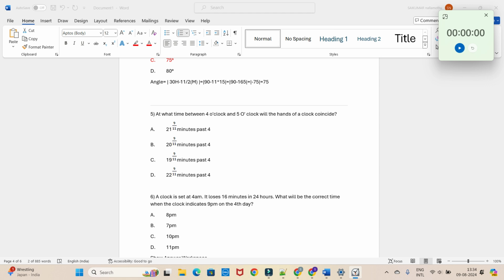So at 4 o'clock, we know that the minute hand is 20 spaces behind the hour hand. So to coincide with the hour hand, it has to gain 20 spaces. Now, 55 minute spaces are gained for every 60 minutes.